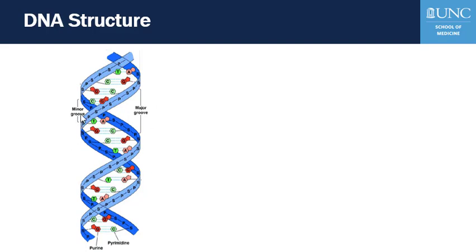So the minor groove falls between these two sides of the ladder, and the major groove falls between the two turns in the helix. And so this is an important difference because certain proteins that bind to DNA to alter its structure or to regulate transcription or replication bind only along this major groove.